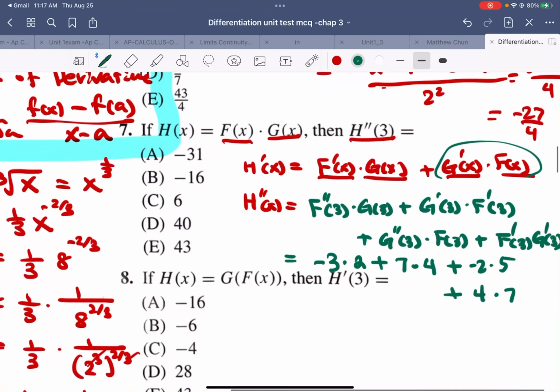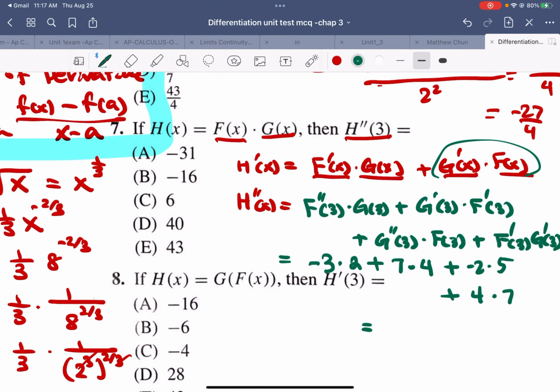Now you just need to multiply it out. So -6 plus 28 plus -10 plus 28. If you compute, I got 40. Okay, answer 7, D.